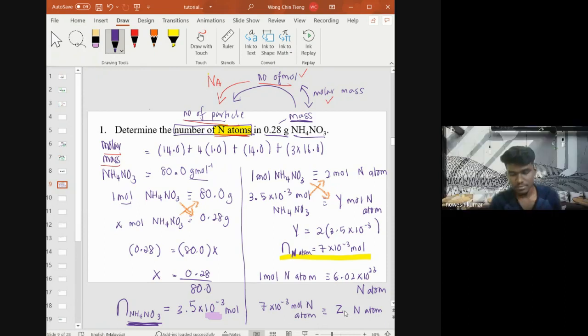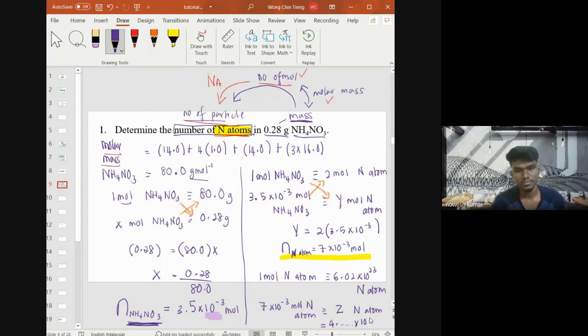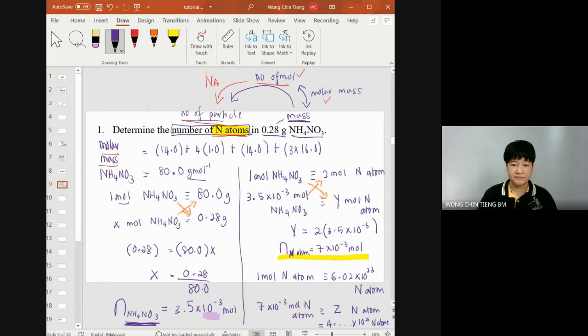It's a 4.214 times 10 to the power of 21. Calculated 4 point something times 10 to the power of 21. 21 kalau tak silap saya. Yes. Nitrogen atoms.